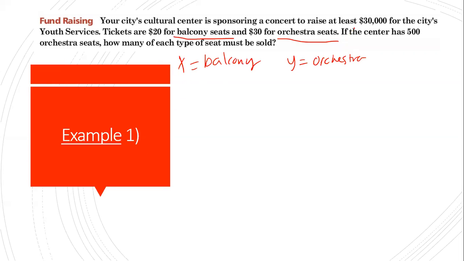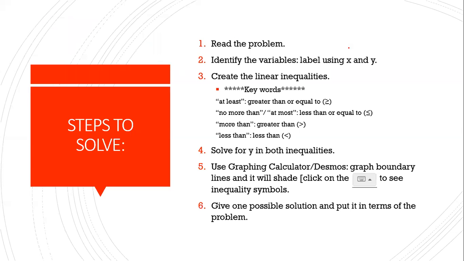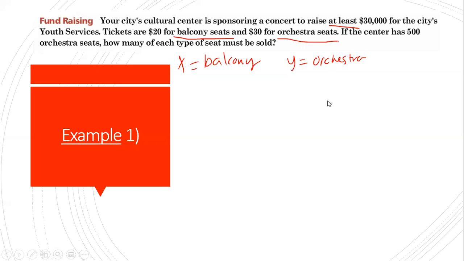So it says you need to sell at least. So if we go back and look at our keywords, at least told us that we would be using the greater than or equal to symbol, right? So I need $20 per balcony and $30 per orchestra to make at least $30,000.